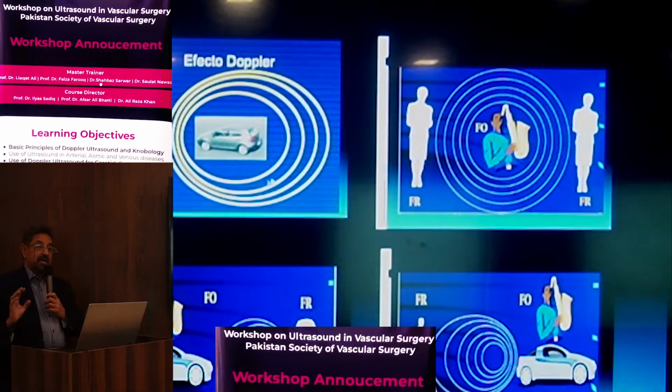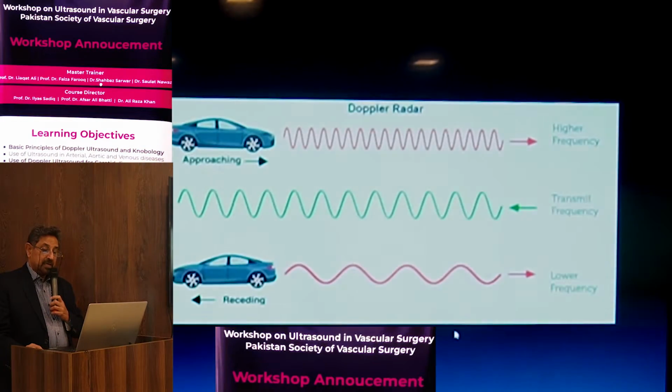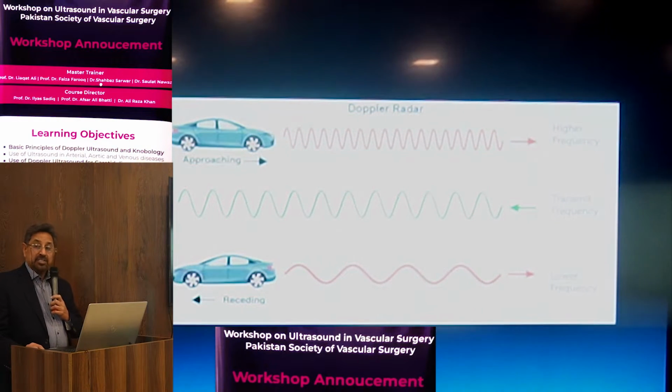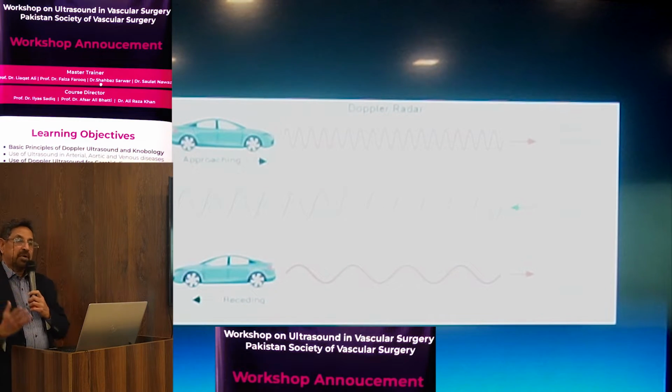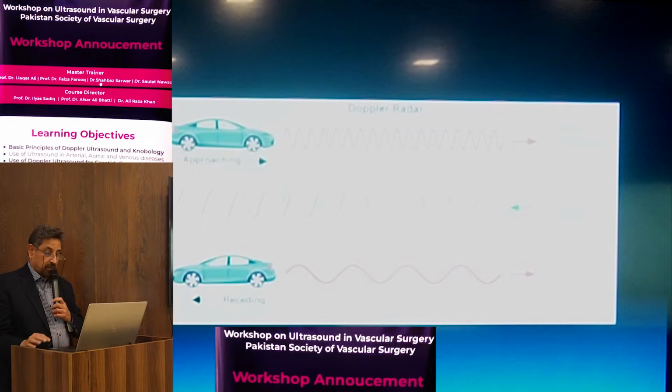So while this car is going towards the receiver, the frequency is increasing. It's going away, decreasing. That's the basic idea. That's called a positive Doppler shift. If it's moving towards the probe in the ultrasound, I'll come to ultrasound now.